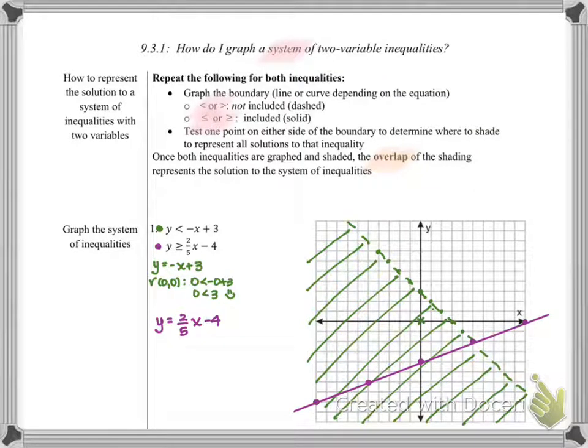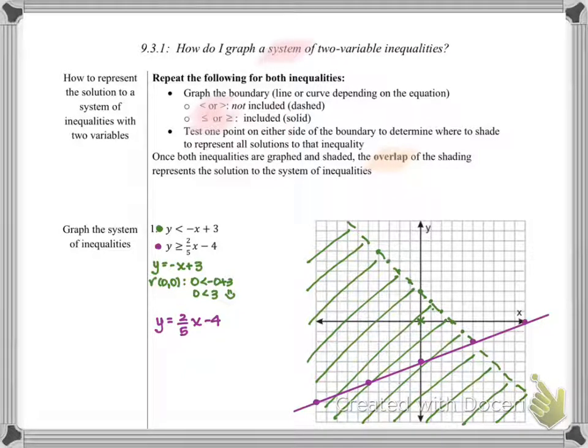Now, I know it can be a little distracting sometimes because you have multiple graphs together. So one of the things that I have recommended in the past instead of color coding is that people put labels at the end of them so they remember which one is which. Or when they're shading, they shade in a specific direction.